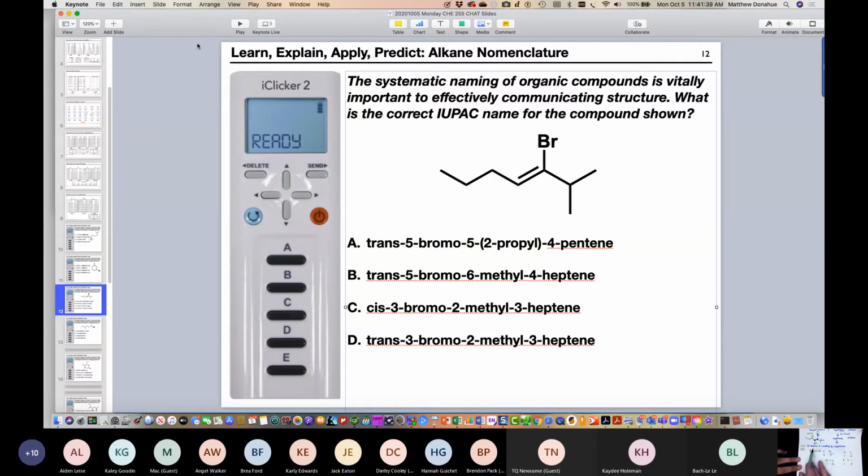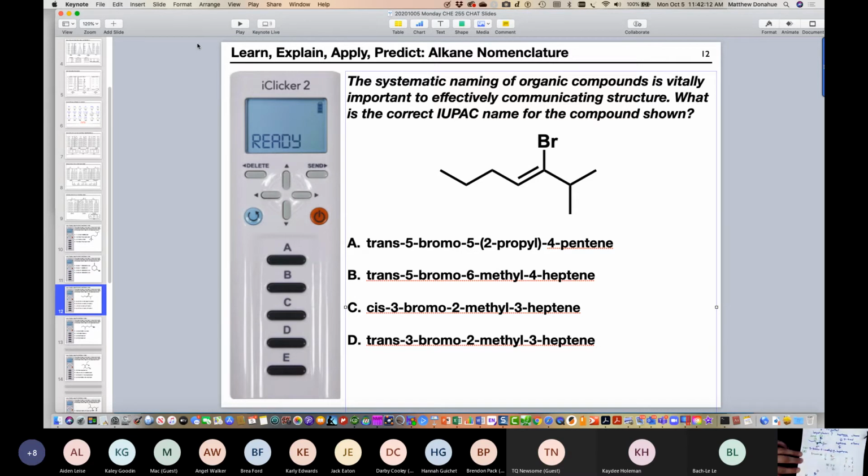Any questions on this? What I've drawn below here is this same compound, but now I've reversed these priority groups.